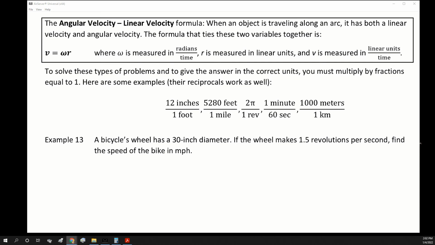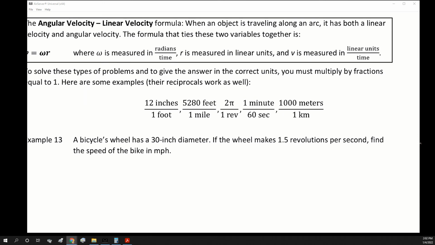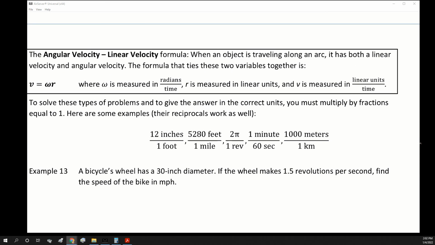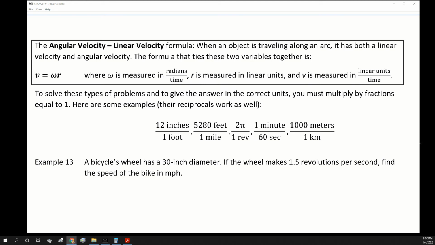Now, the angular velocity should be in radians per time. R is measured in linear units, and V is measured in linear units over time. Now, just like the arc length formula, it was S equals R theta. This one is, we can do it in a similar way where we can do that T thing.